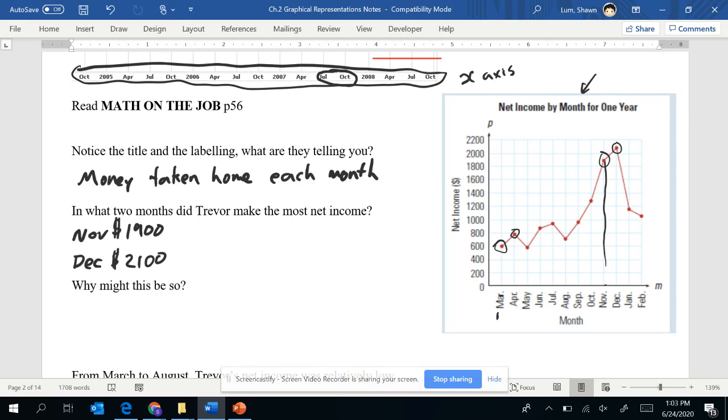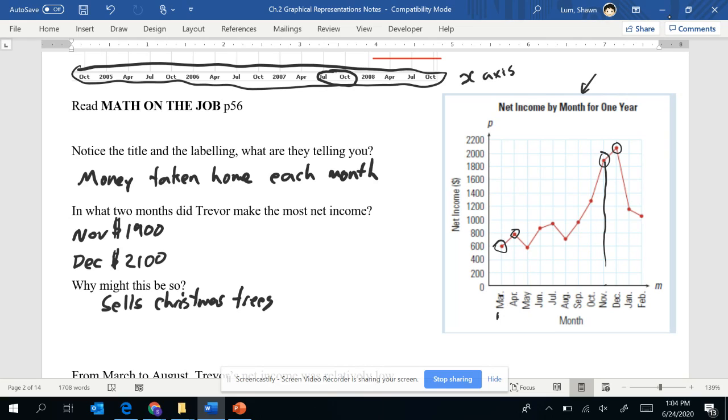So maybe Trevor sells Christmas trees. Okay, and people are really buying those Christmas trees in November and December. So he has huge sales in those months.